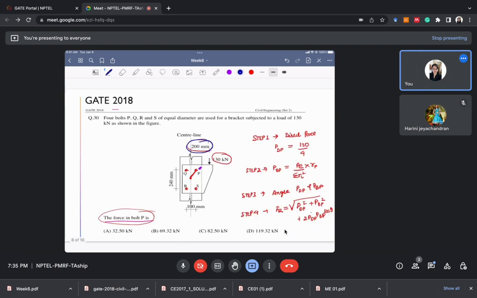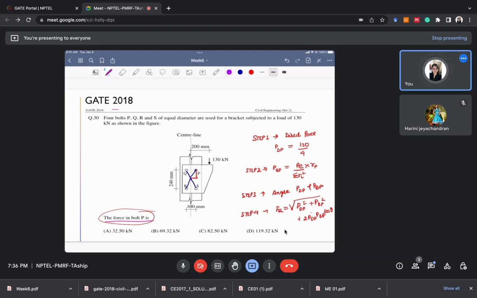Let's see what these values are. This is the CG line. This is Rq, this is Rp, this is Rs, and this is Rr. All the 4 are the same, right? So let's calculate any one of them.